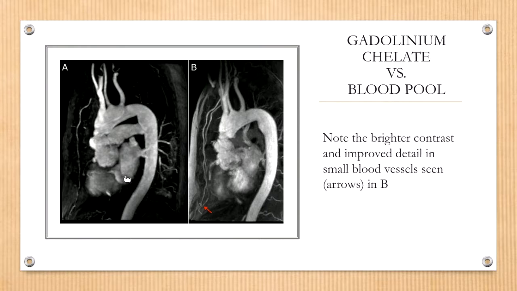And this image right here has a little lighter contrast, a little more shades of gray, so to speak. But you can also tell that there's a lot more definition of these smaller capillaries and smaller arteries compared to this image. This is a blood pool image, and this is a gadolinium chelate image.